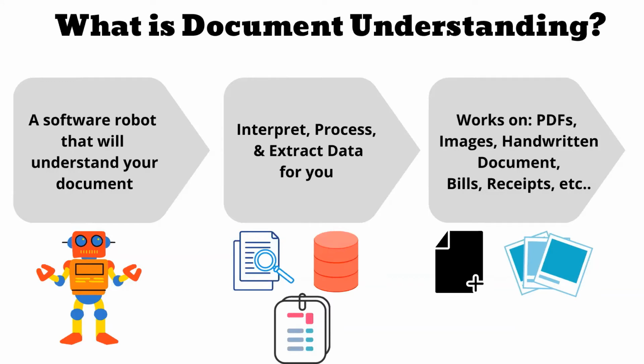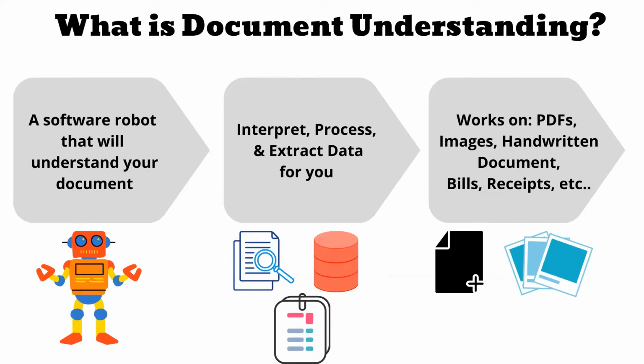Now what all it can process or where this particular document understanding can work. So it can work on PDFs, it can work on images, it can work on handwritten documents. So there are lot of functionalities, or you can say lot of features provided in document understanding which you can use to process and extract the data from your documents.